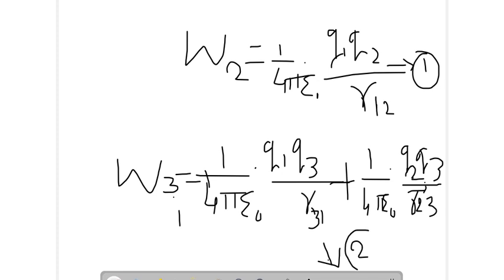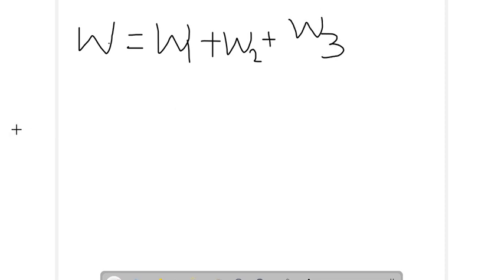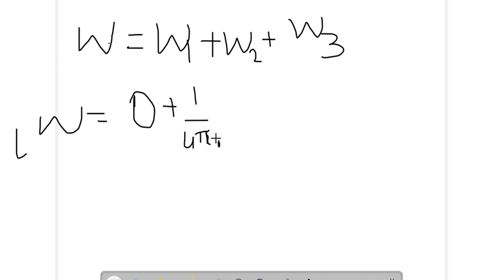So the total work done for arranging Q1, Q2 and Q3 can be written as W1 plus W2 plus W3. So substitute all the values, that will become W is equal to, what is W1? That is 0. What is W2? That is 1 divided by 4 pi epsilon naught into Q1 into Q2 divided by R12.